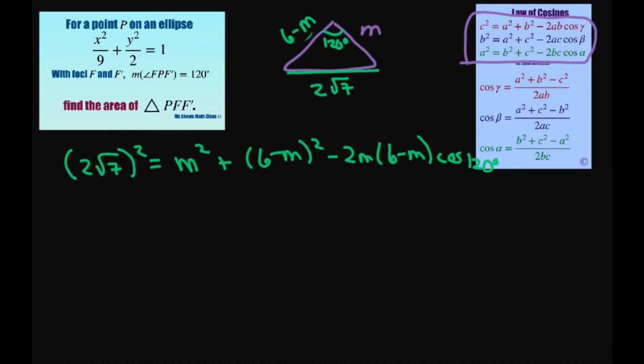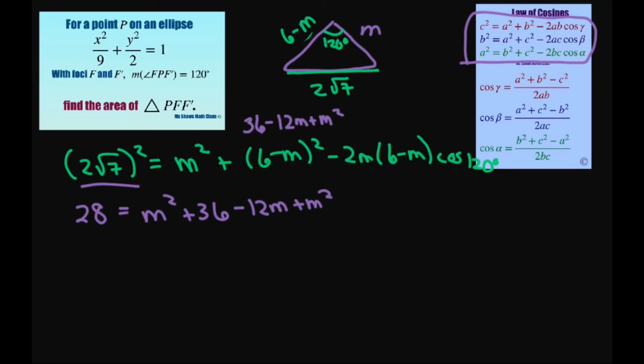All right, now what we have to do is simplify this. This is going to be 28 equals M squared, plus this piece right here is going to be 36 minus 12M plus M squared.